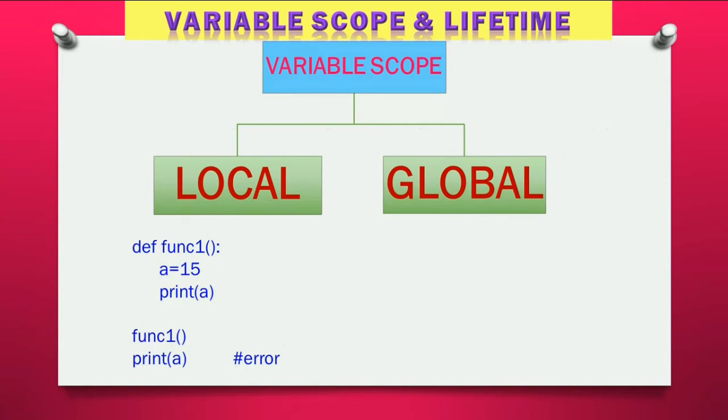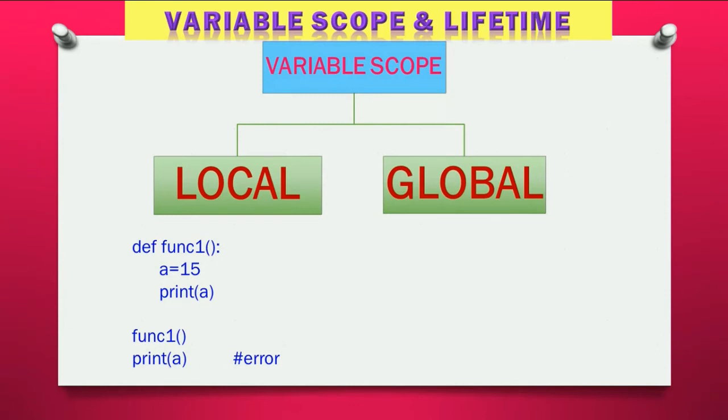So it will print 15. Now outside the function, when you are calling function 1, it will print 15, but at the last statement where it is going to print a, it will generate an error because that a is not available outside the function.